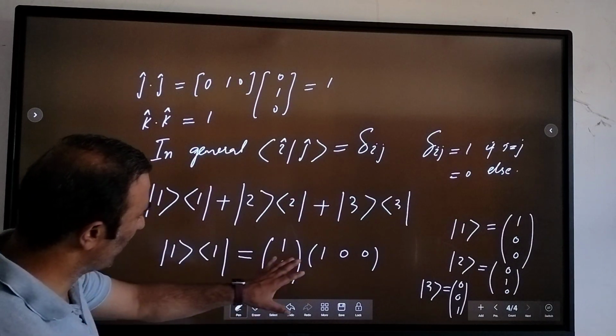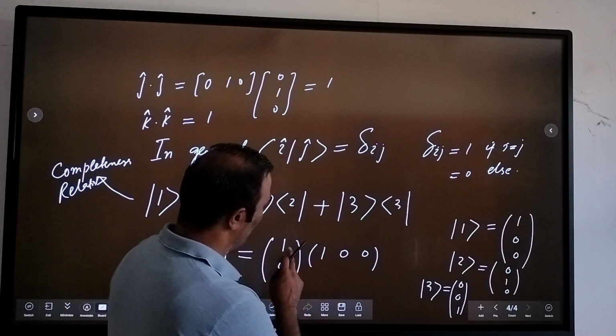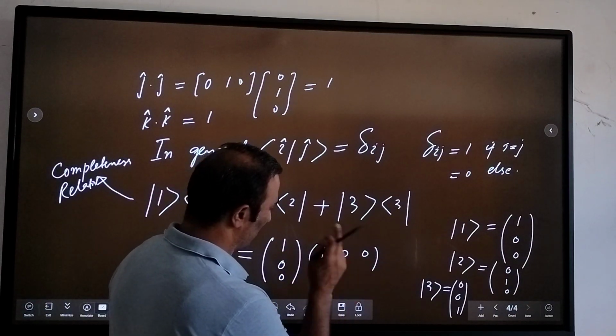Okay. So when you take their product, this is 1 with 1 plus 1 with 0, 1 with 1, and 1 with 0, 1 with 0, right?